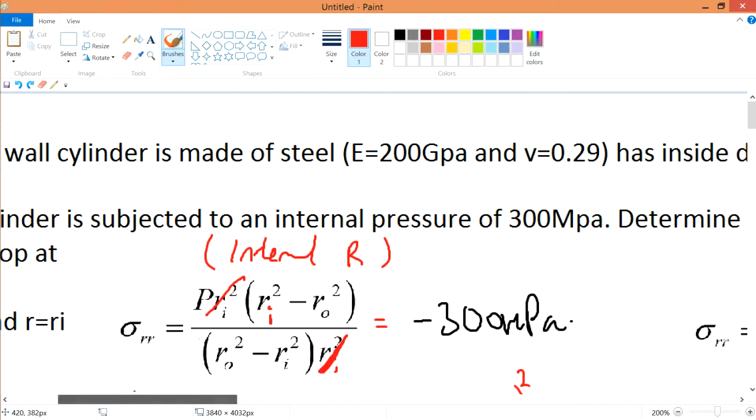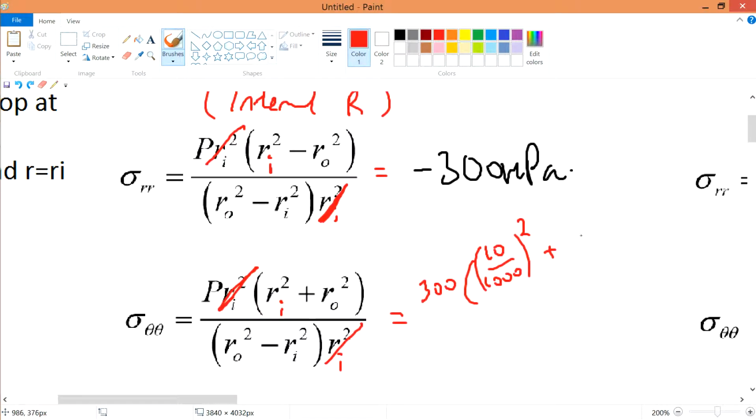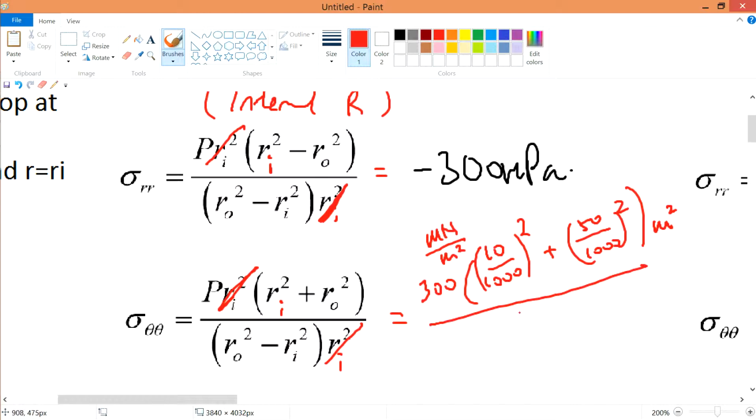So we have 50 divided by 1000 squared, because they are all in meter, and this is mega Newton per meter square, divided by Ro square minus Ri square. I just simply sub in.